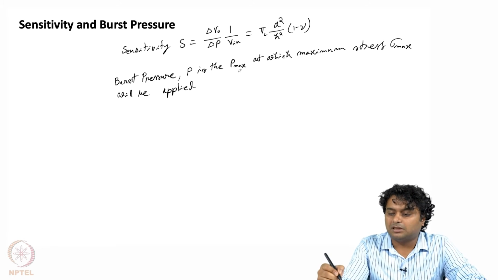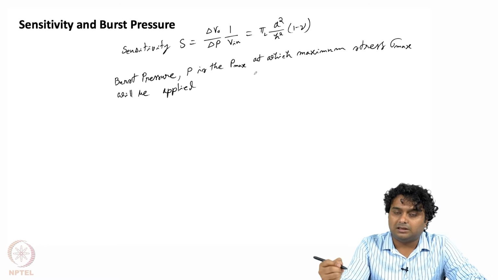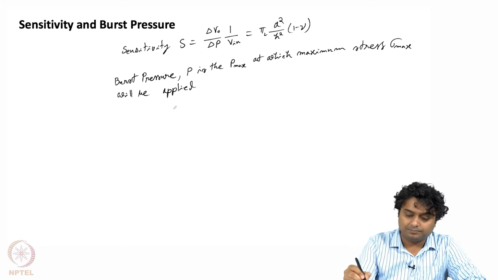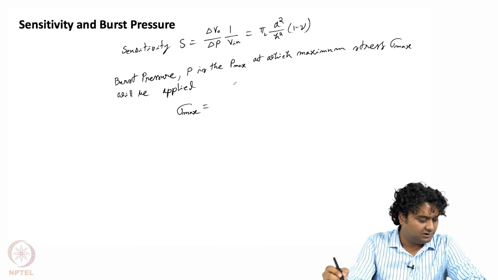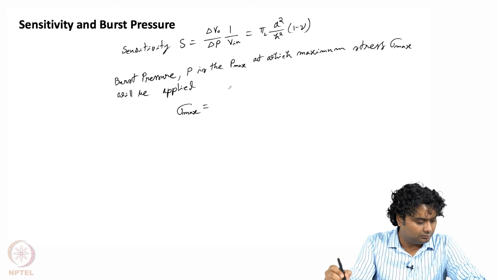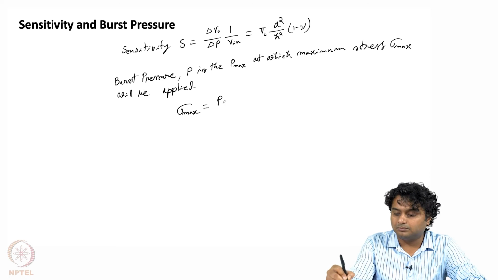So definitely at burst pressure or the maximum pressure the stress will also be maximum, like just before breaking, and then sigma max is equal to P max into A by H whole square.